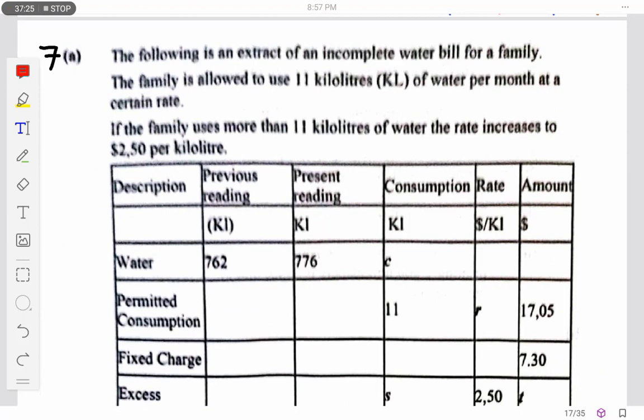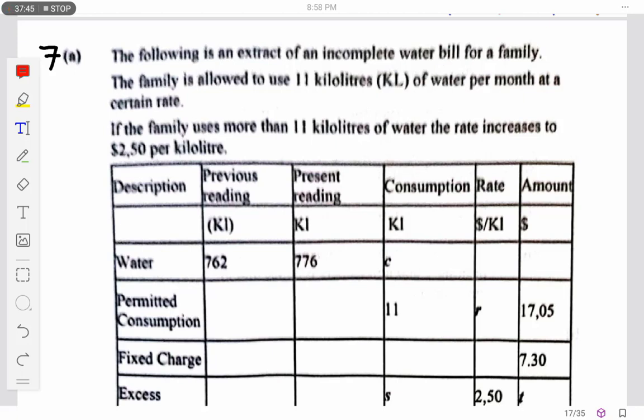Fine. We are now moving on to question number 7. Number 7, guys, is saying the following is an extract of an incomplete water bill for a family. The family is allowed to use 11 kiloliters of water per month at a certain rate.